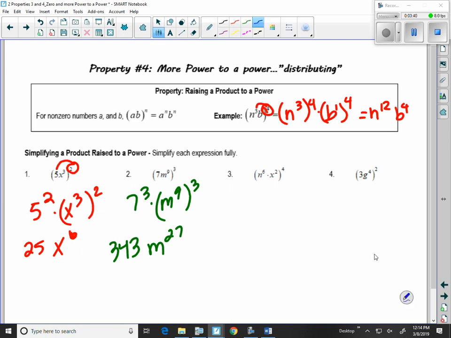All right, number 3. Okay, I'm not going to write this step. Let's see if we can do it without this step. I think you can get quicker at it. What's my power on n going to be? 24. I do 6 times 4. X to the 8. We okay without that middle step? Yeah?